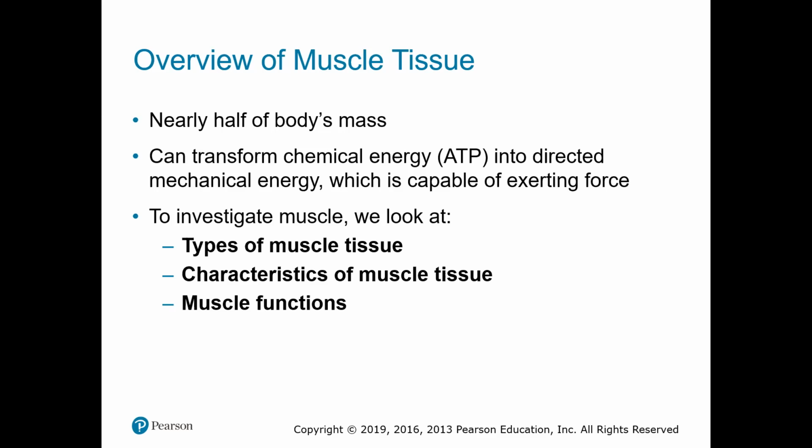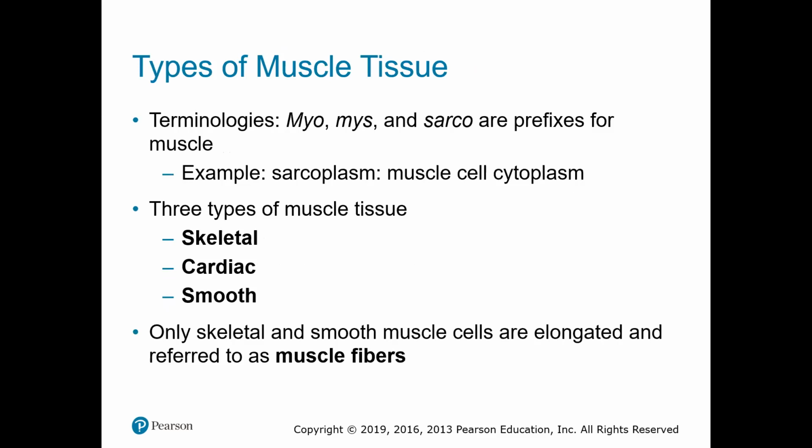Now, we have three distinct types of muscle tissue in our bodies. They all exhibit the same characteristics, and there are a variety of functions they do in addition to contracting. So, terms. The prefix myo, or mys, or sarco, all refer to muscle cells. Sarcoplasm is the cytoplasm of a muscle cell.